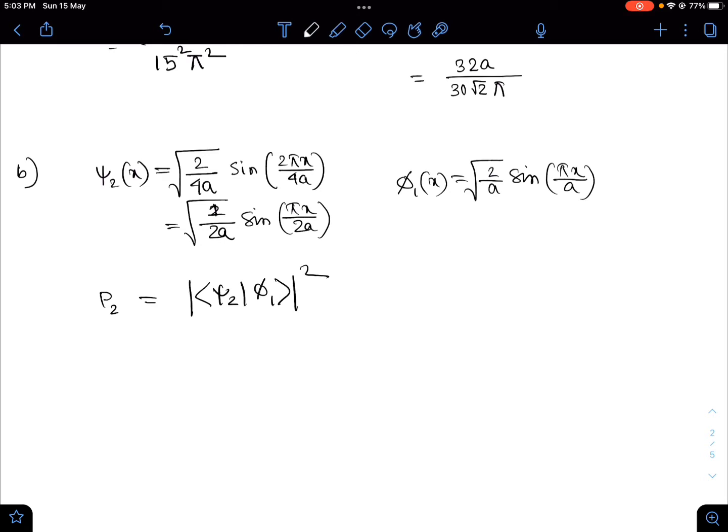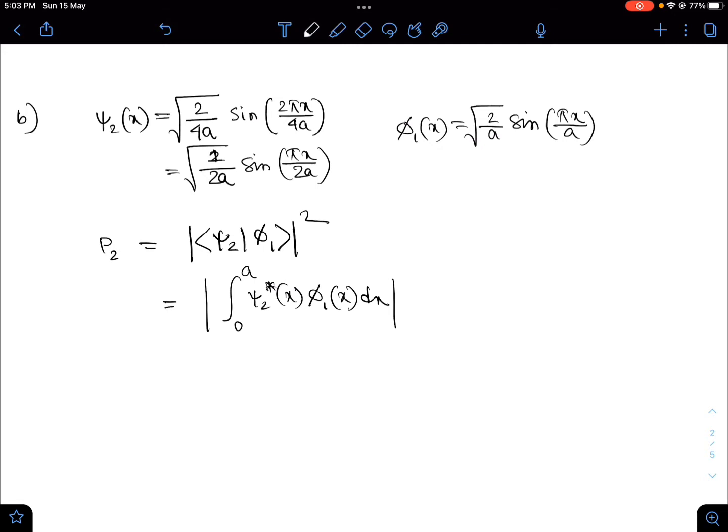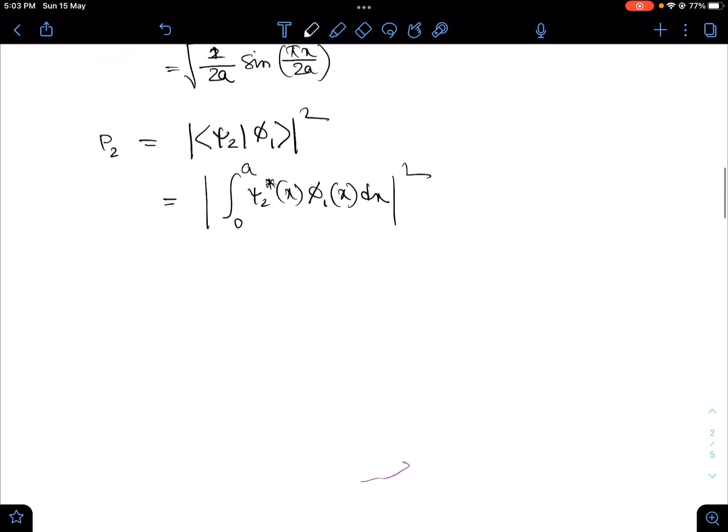This will be our probability of finding the electron in the first excited state of the new box. So let us do that integration again, what we have done for the previous one. So it will be 0 to a psi 2 star x psi 1 x dx, and we have it squared.